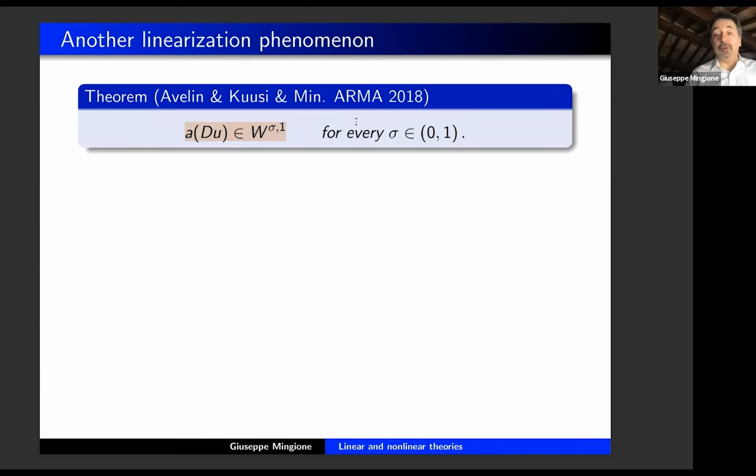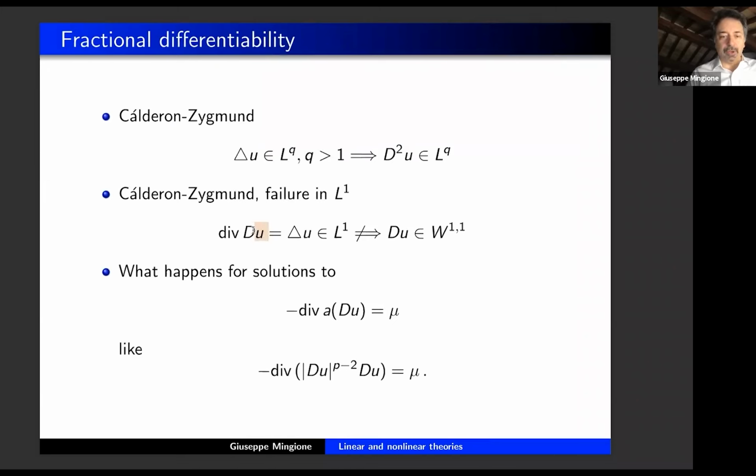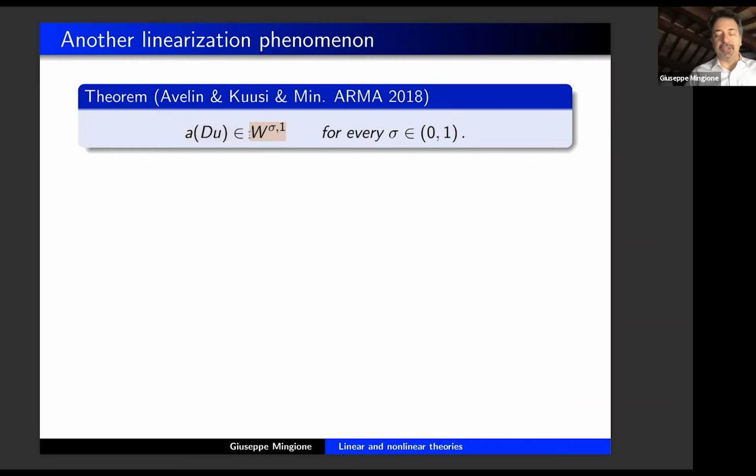So if you look at the Laplacian case, what you have under the symbol of divergence is Du, and Du cannot be in W^{1,1}. Still, we prove that Du in that case is in W^{sigma,1}. This is optimal because actually, if you look at the fundamental solution representation for the Poisson equation, and if you make some computations, you see that Du doesn't belong to W^{1,1}, but it belongs to W^{sigma,1} for every sigma before 1. And so this is the nonlinear analog. It's the intrinsic nonlinear analog of the theorem.